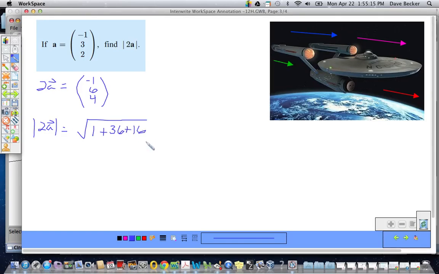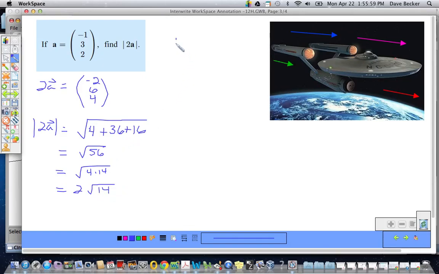Sorry, I knew there was something wrong there. So 36 plus 4 is 40, plus 16 is 56. So that's square root 56. And that can simplify into the square root of 4 times 14, because 4 times 14 is 56. And the square root of 4 is 2, so that becomes 2 root 14.